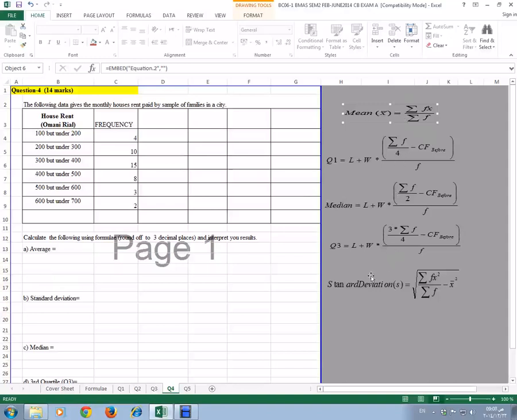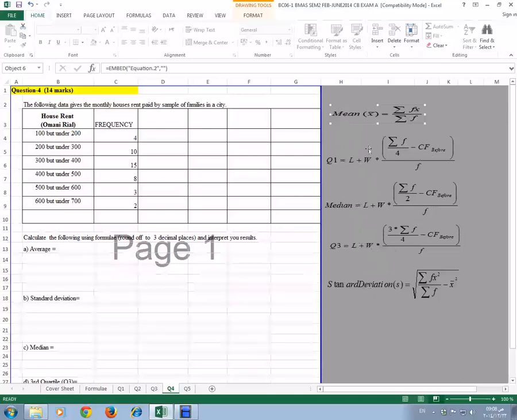These are the formulas, and it means that for a certain student we ask them to calculate mean or Q1, Q3, median, standard deviation, and so on like that. So make sure that you know how to use all these formulas and how to answer any group data using these formulas. The first question here is the mean, and the average is the mean.